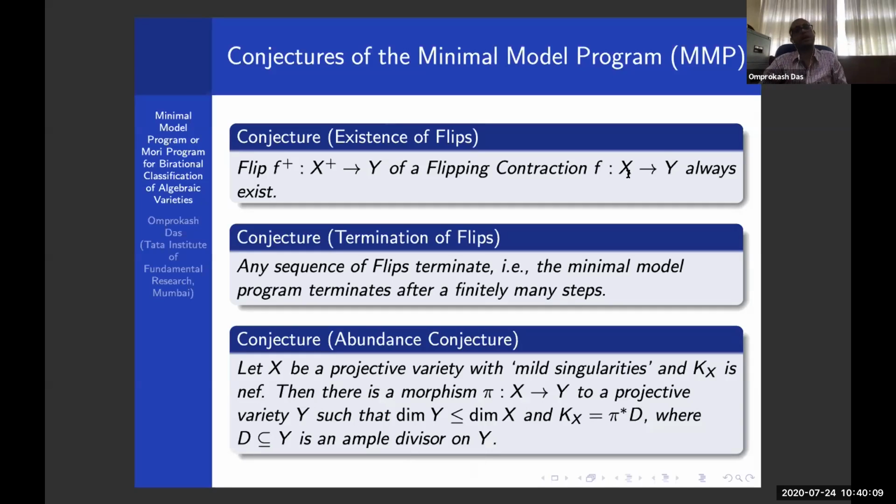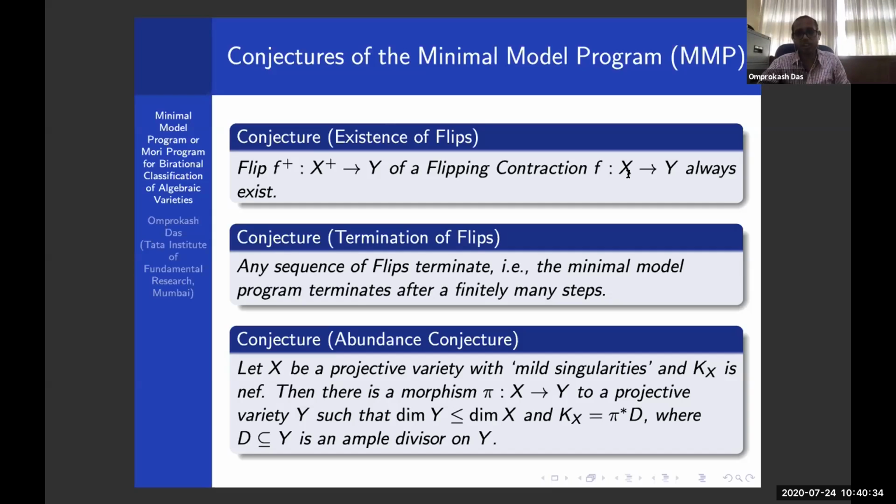And then there is the final one, called the abundance conjecture. Once you do have a minimal model, that means you have K_X nef. This is a question that I got asked many times. I see I have only 5 minutes, so let me be quick. If I do have a minimal model, K_X nef, why is that a good thing? That's a very numerical property, right? So why is that a good thing?